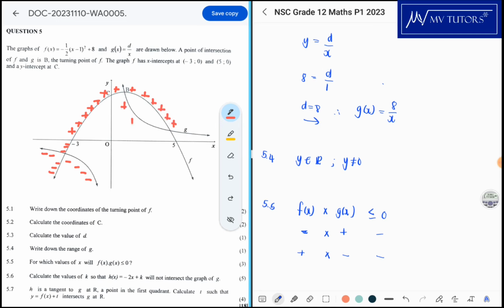Even here, they are positive, positive, positive, positive, and then negative, negative, negative. So I'm looking for opposites here. So when g is negative, f has to be positive, or if f is positive, g has to be negative. Okay, I hope I said that correctly.